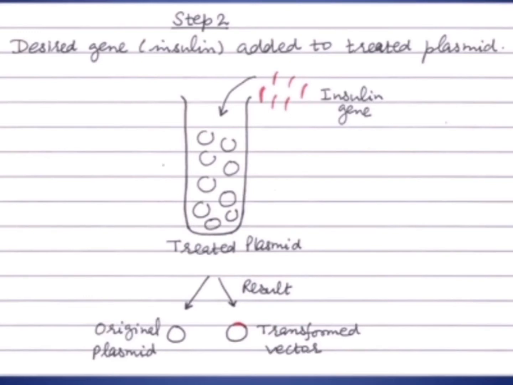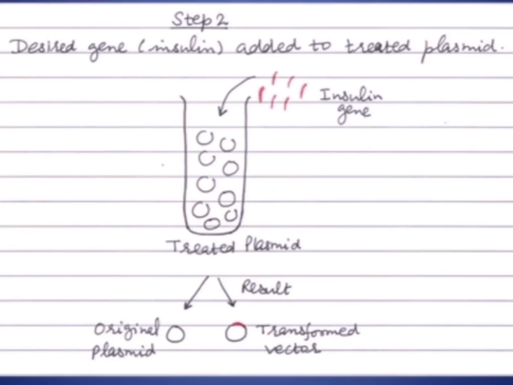So what will happen when insulin is added to this plasmid? Some of the plasmids will take up this insulin gene, and the joining of the insulin gene with the plasmid will be done by the enzyme ligase, and some plasmids will close up before taking the insulin gene. So they will not take the insulin gene.